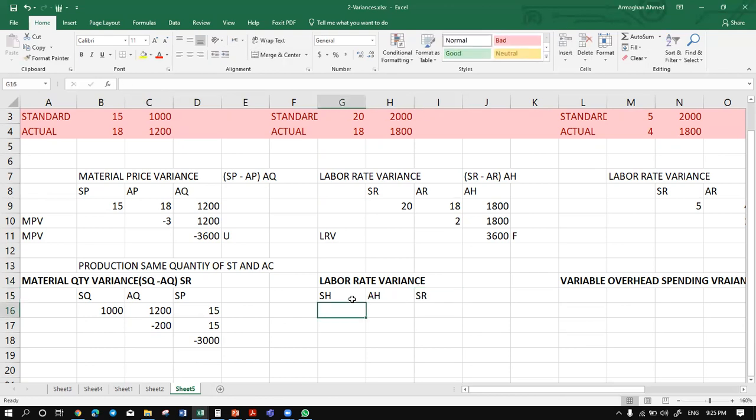How many actual hours do we have? 1800. Standard hours 2000. Standard rate 20. So what will it be? Is it favorable or unfavorable? Unfavorable.